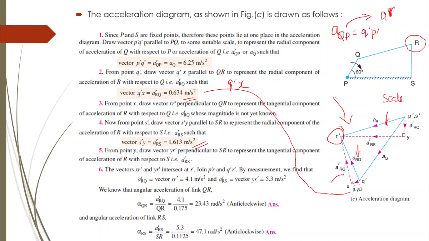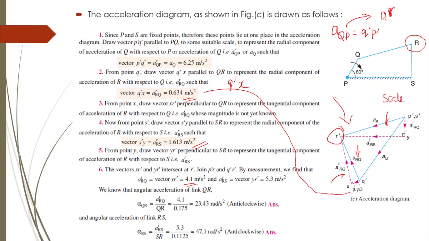By measuring this length R dash X and multiplying by the scale, we can find the tangential component of acceleration of R with respect to Q, which is 4.1 meter per second square.